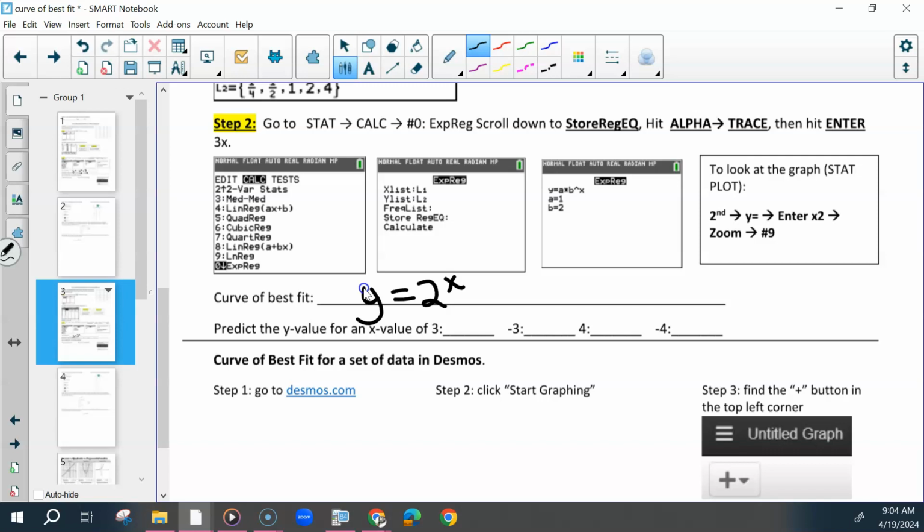Follow all of those directions. Go to Stat. Go to Calculate. But go to 3, what is 3?